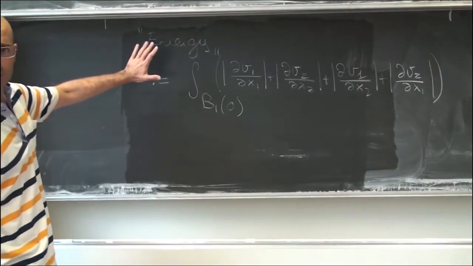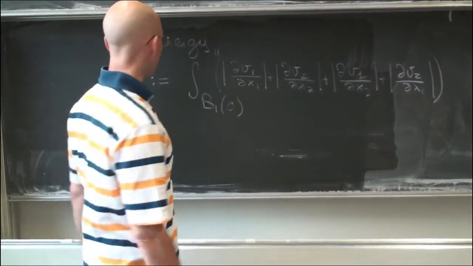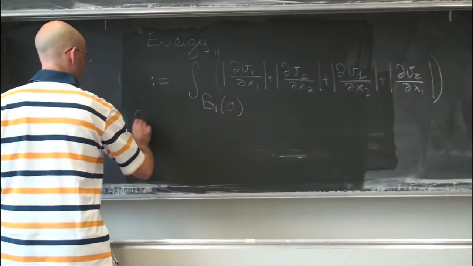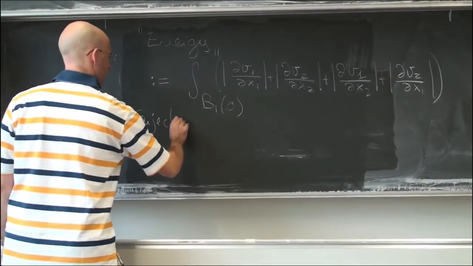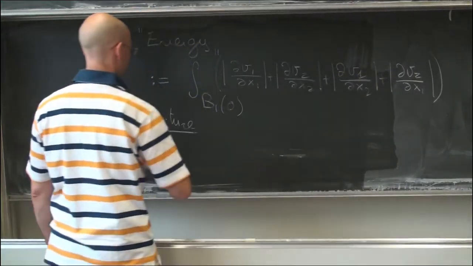Alberto Bressan conjectured that any time that you are mixing at scale epsilon, you have to employ a certain amount of energy which is quantified in the following way.